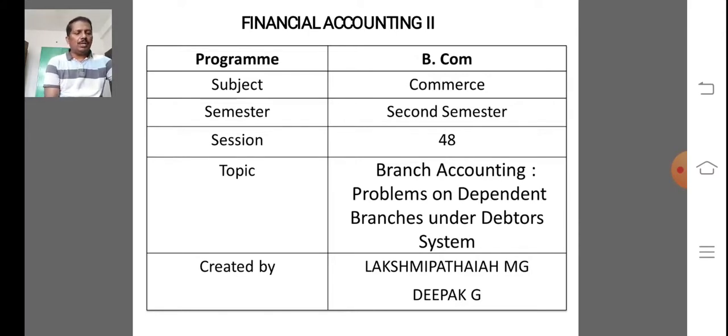There are two types of pricing for goods sent by the head office to the branch: cost price and invoice price.